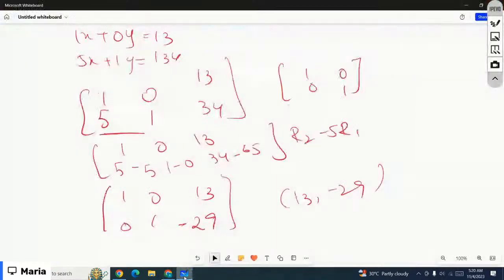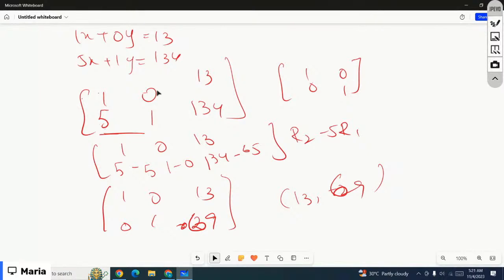Oh, that is 134, not only 34, right? Okay, hold on. 134 minus 65 is 69. Here you have 69, right? That means the solution of the system of equations is 13 and 69. Got it?